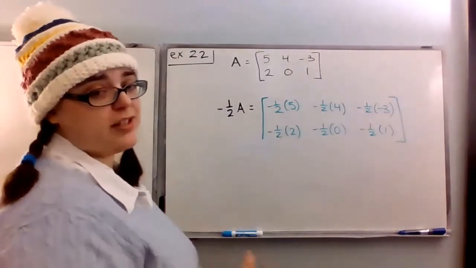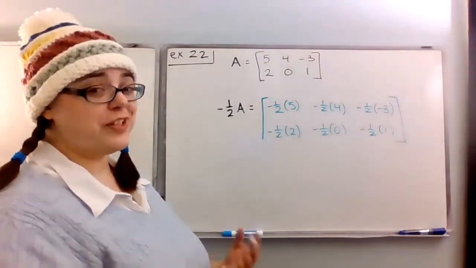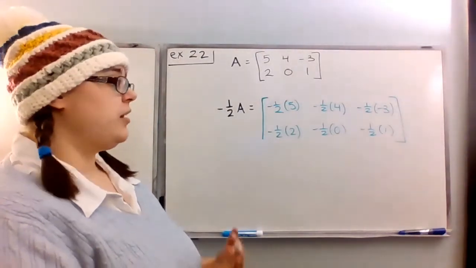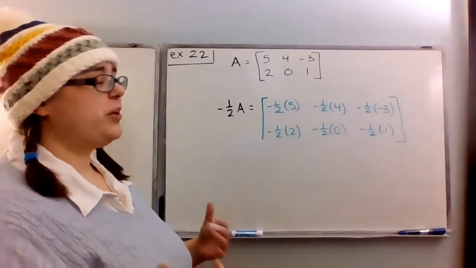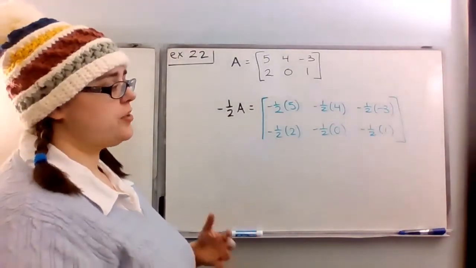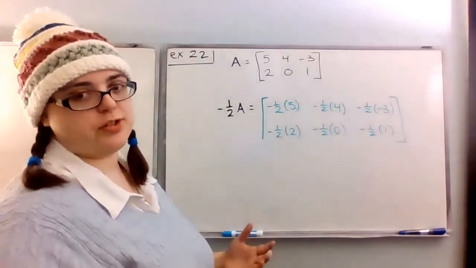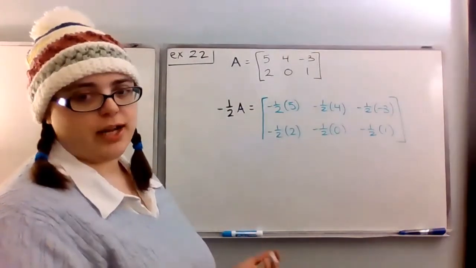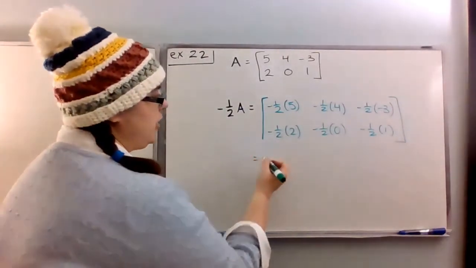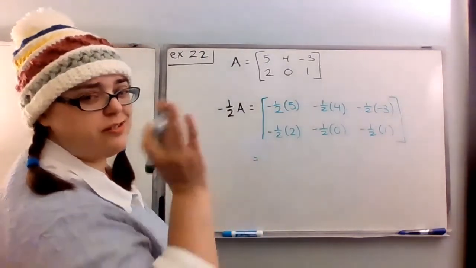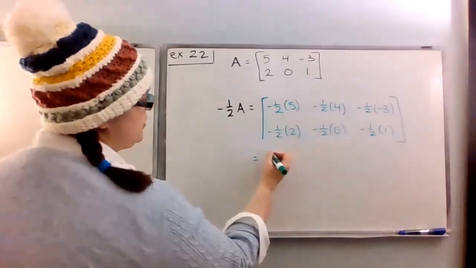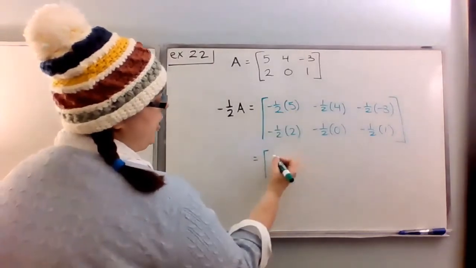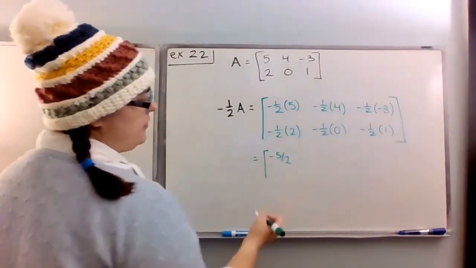Now, generally speaking, especially if your fractions have some fun denominators like 7s or 3s, you're going to want to keep things in fraction form so that we maintain precision with our solutions and don't have any rounding errors. There's nothing wrong with improper fractions. So -1/2 times 5 is -5/2.